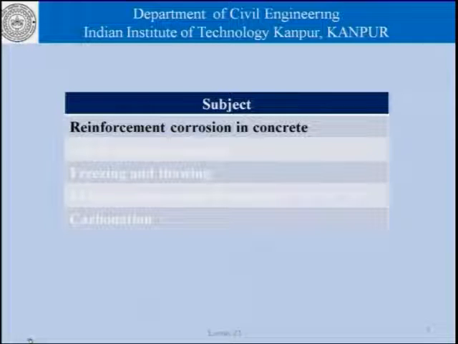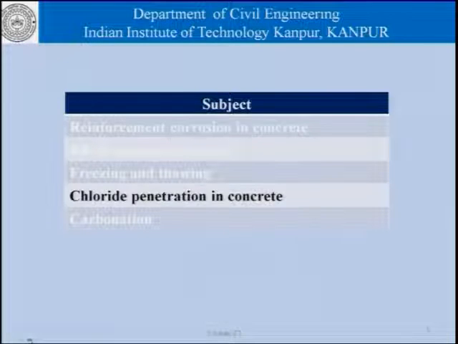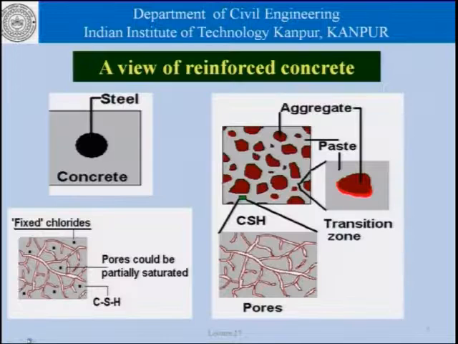Within the subject of reinforcement corrosion in concrete, chloride penetration plays a very important part, and let us review what we did in the last lecture.